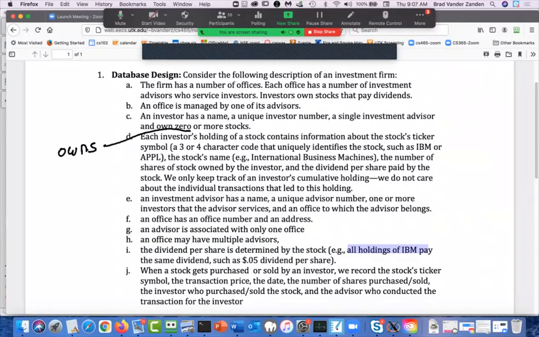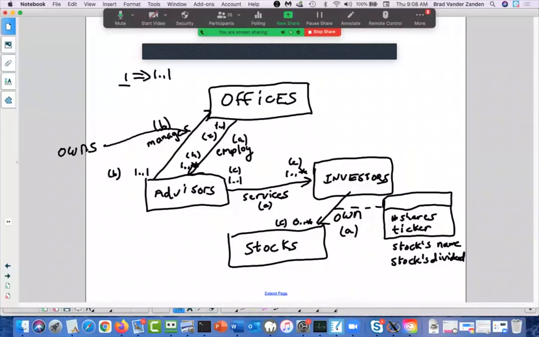If each person was getting a different dividend, then we would have to hold that information in the owns relationship. But because this is saying all holdings pay the same dividend, it means we can put the dividend with the stock and we no longer have to put the dividend with the relationship. So in fact, we don't need to have the stock's dividend here.